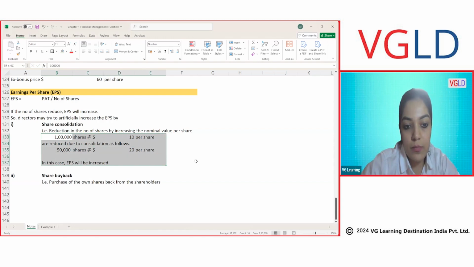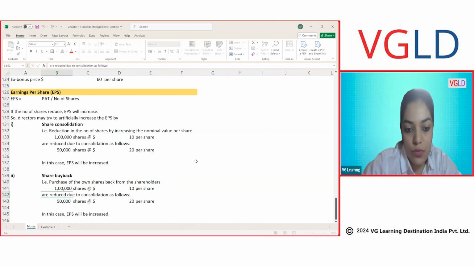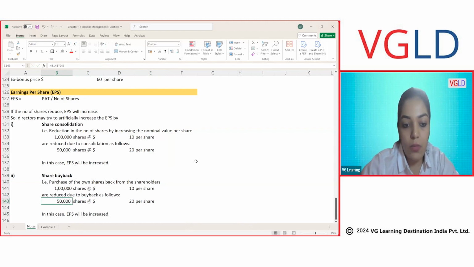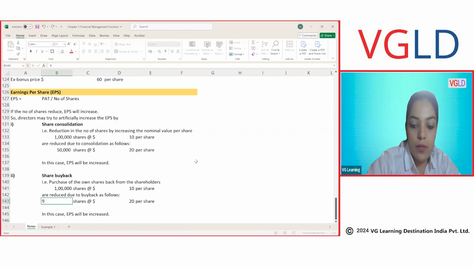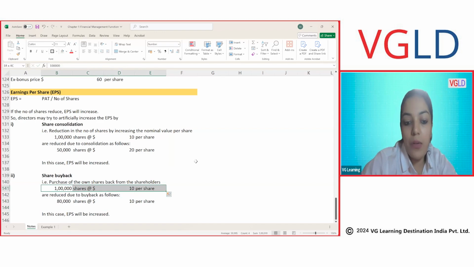So there were 1 lakh shares at $10. They are reduced due to buyback as follows. So let's say now it has become 80,000, as 20,000 were bought back. The nominal value will not change.